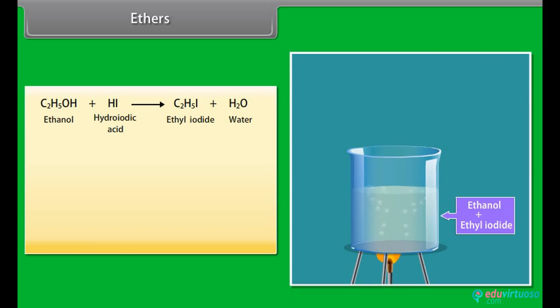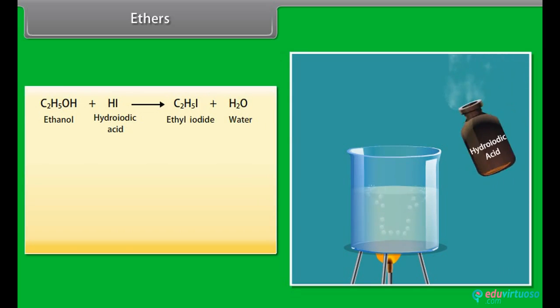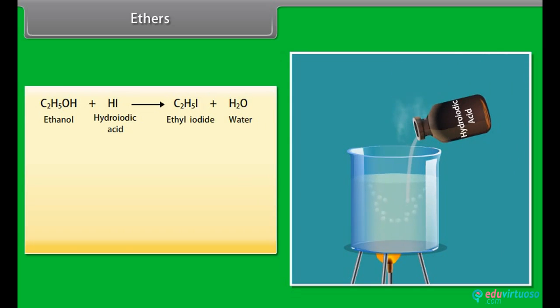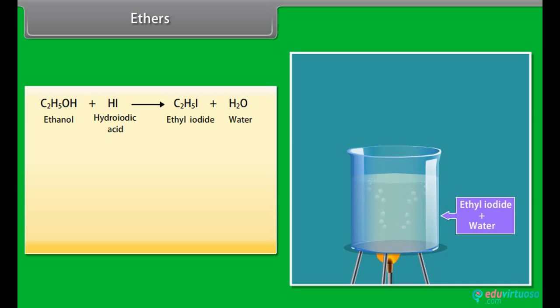With excess hydroiodic acid, the alcohol formed further reacts to form ethyl iodide. The overall reaction is: hydroiodic acid reacts with diethyl ether at 373 Kelvin and it forms ethyl iodide and water.